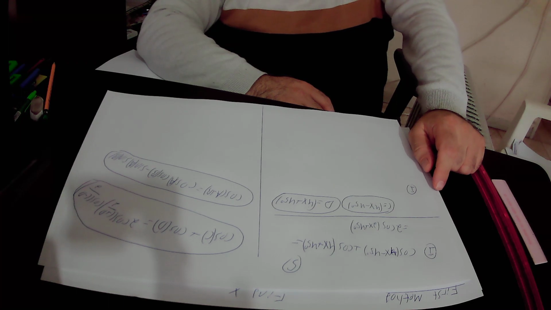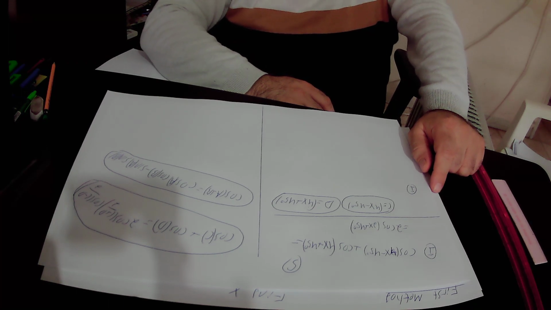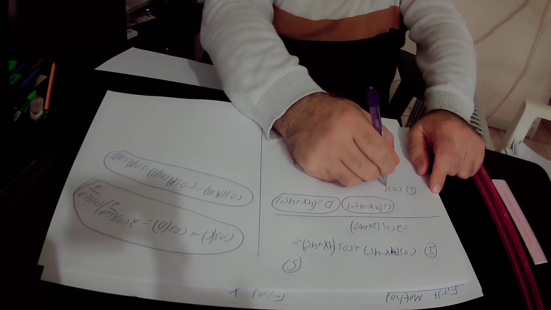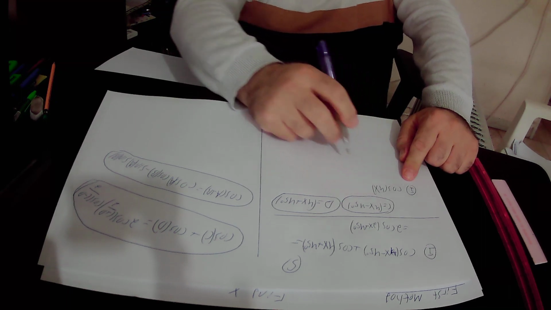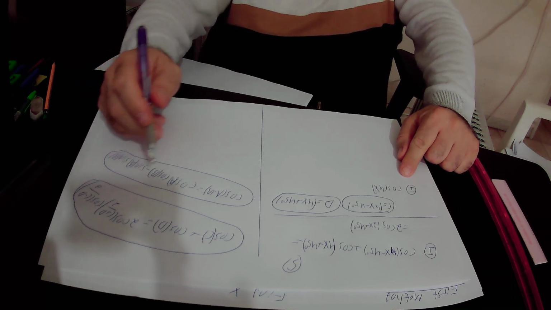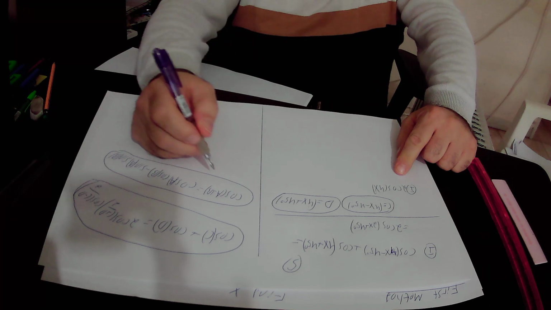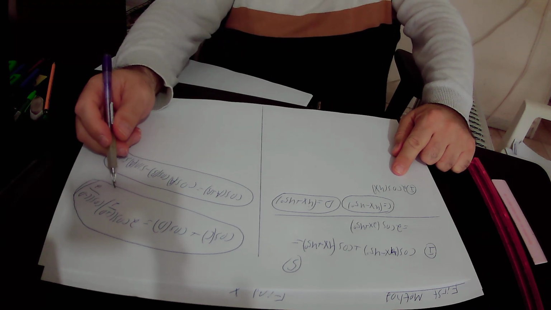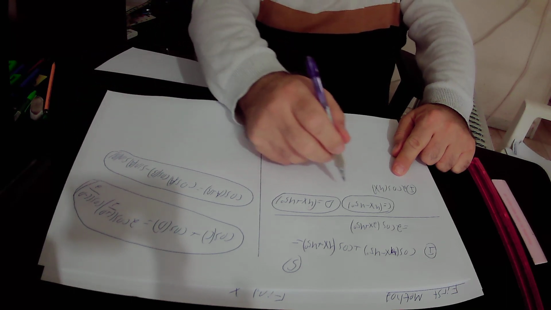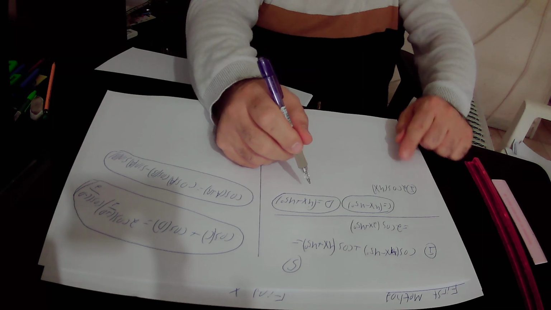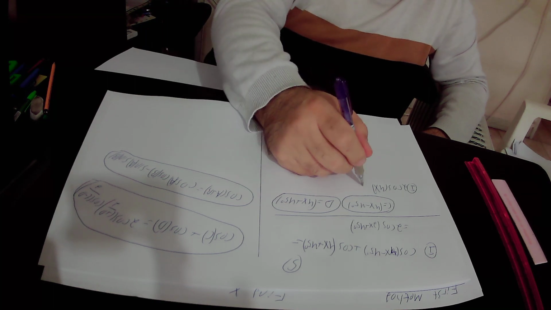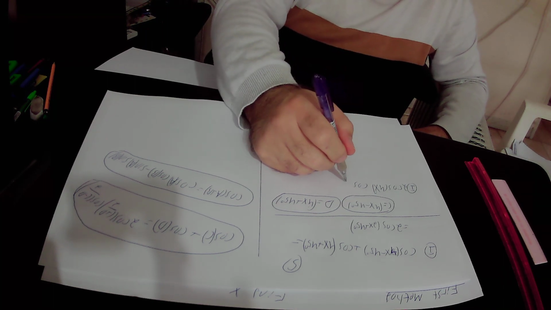So C plus D over 2 is 4x plus 4x, that is 8x. 8x over 2 is 4x, so it is cosine 4x times, so it is actually 2 times cosine C plus D over 2 times cosine C minus D over 2. 4x minus 4x is 0, and here minus 45 degrees minus 45 degrees is minus 90 degrees, and minus 90 degrees over 2 is minus 45 degrees.